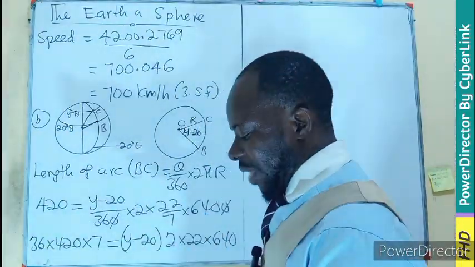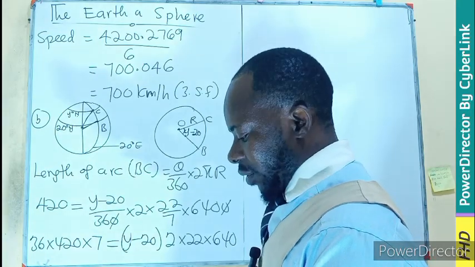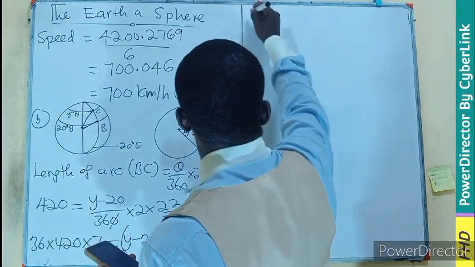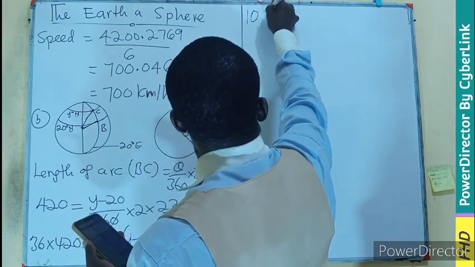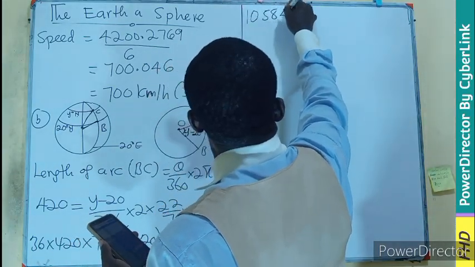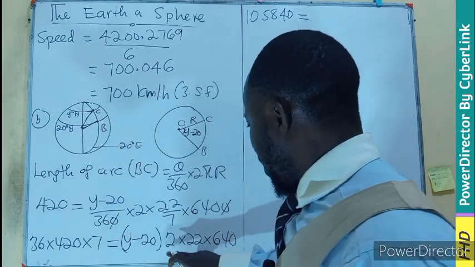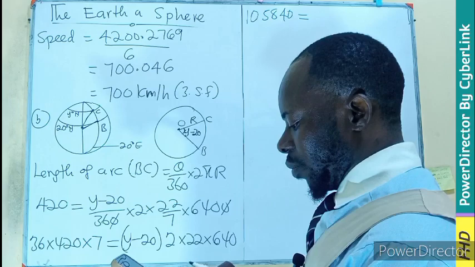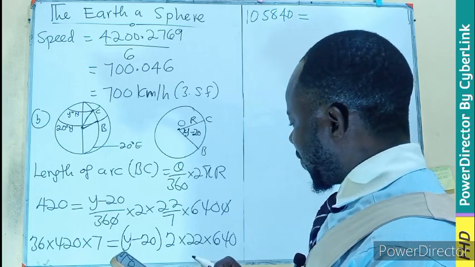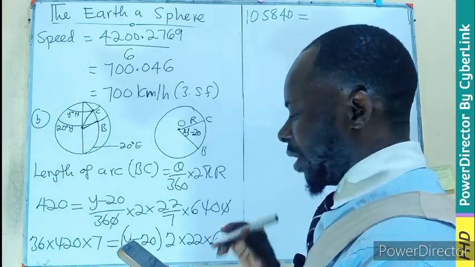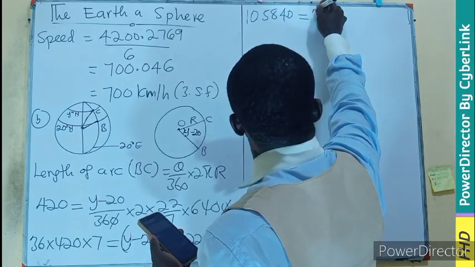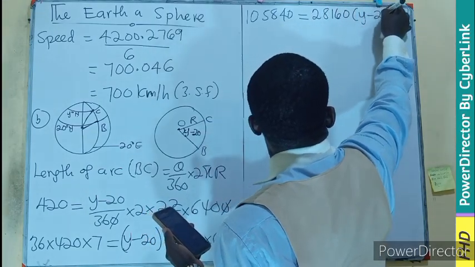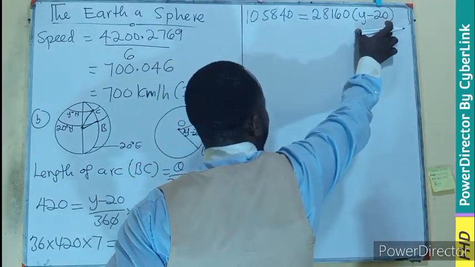So from here we have 36 times 7 times 420. That will be giving us 105840 equals to, let's multiply the 2 times 22, then times 640, and that will also be 28160 times y minus 20. So these are multiplying this.